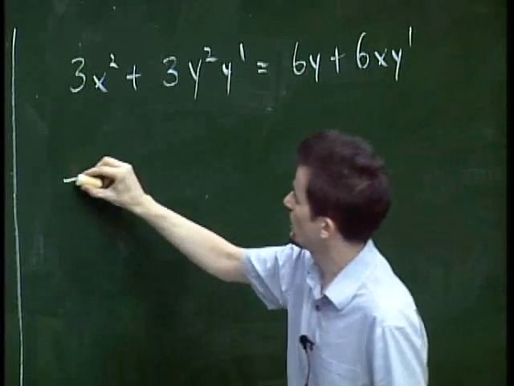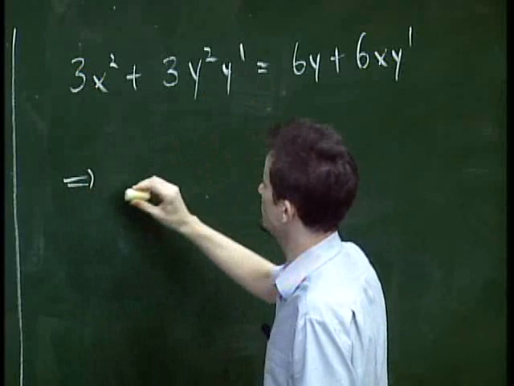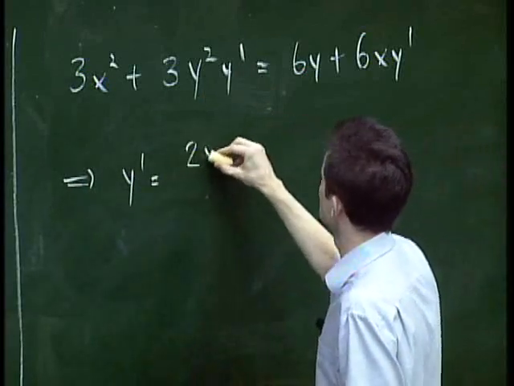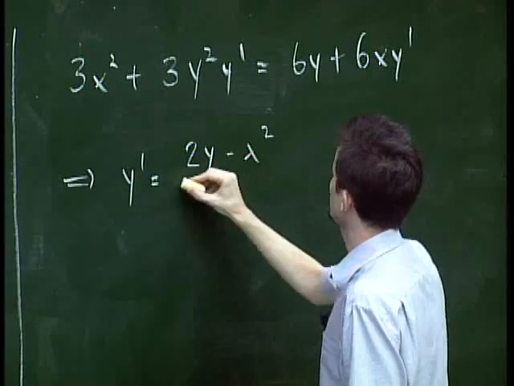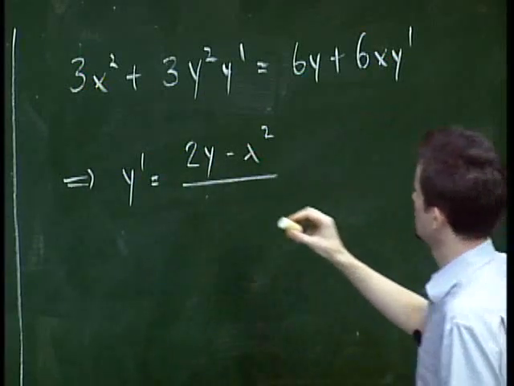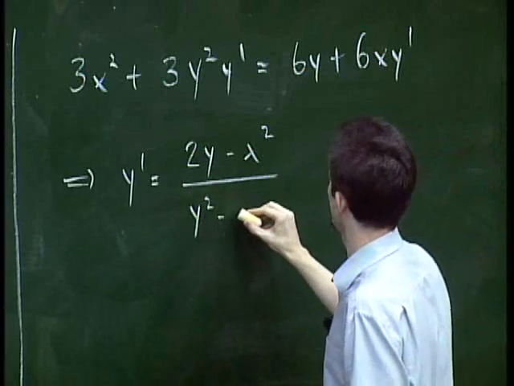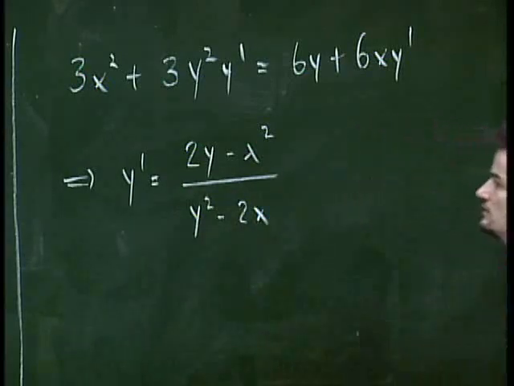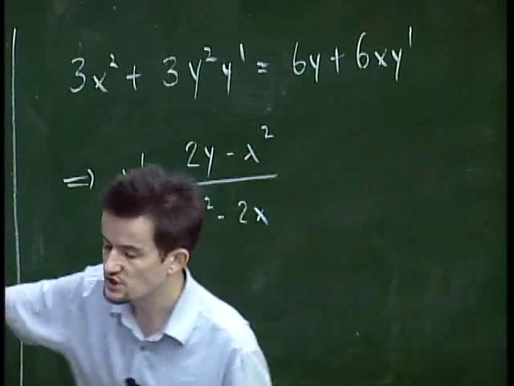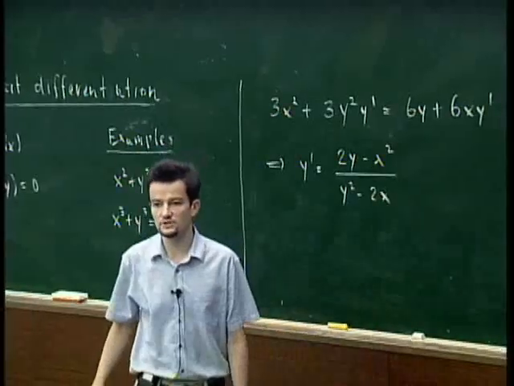Now you solve this for the derivative. Okay, and what you get is 2y minus x squared over y squared minus 2x. So you see, this is the derivative of the function implicitly given by this equation here.